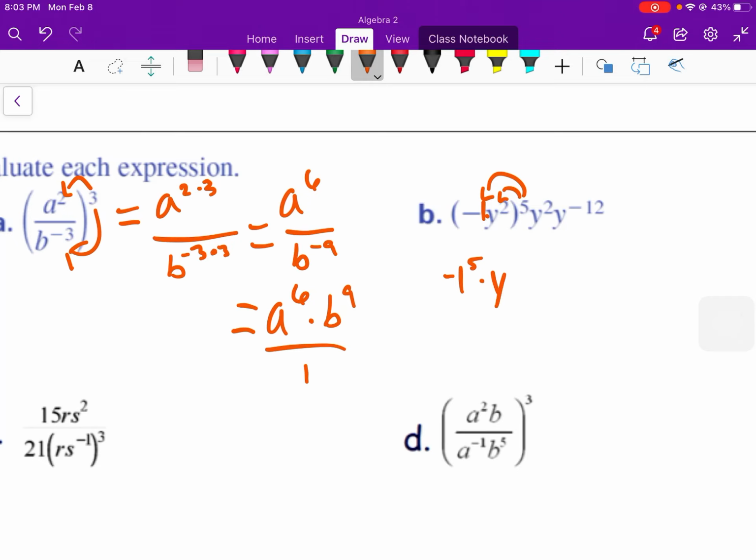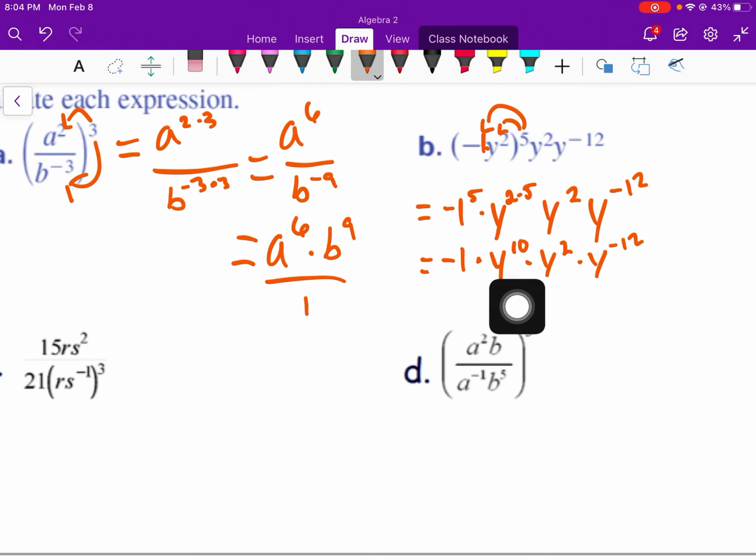So then we have negative 1 to the 5th times y squared times 5, and then we still have y to the negative 12th here. These two values get brought down. So negative 1 to the 5th, that is going to be negative 1 times y to the 10th, because we took 2 times 5, times y squared times y to the negative 12th.